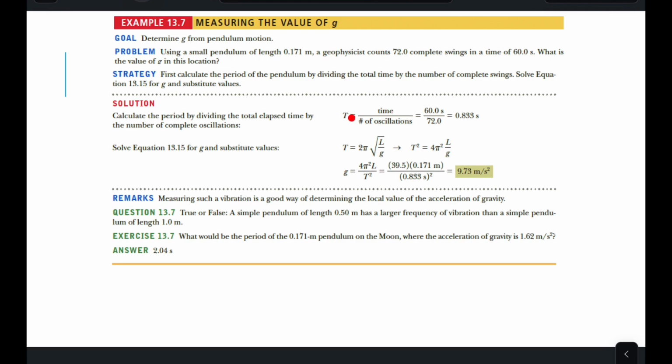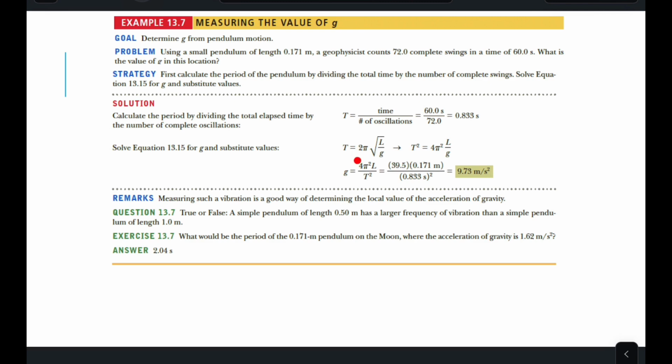Period is defined as the time taken to complete one oscillation. If you take the total time divided by the number of oscillations, you will have how many seconds for one complete oscillation. That is the meaning of period, and that is how we calculate the period.